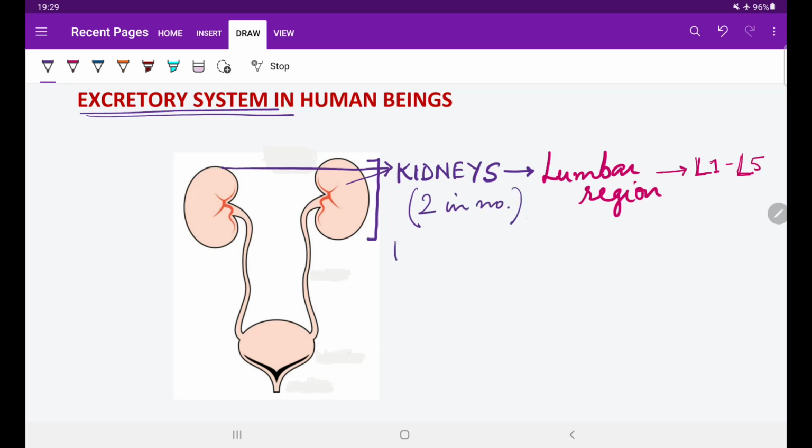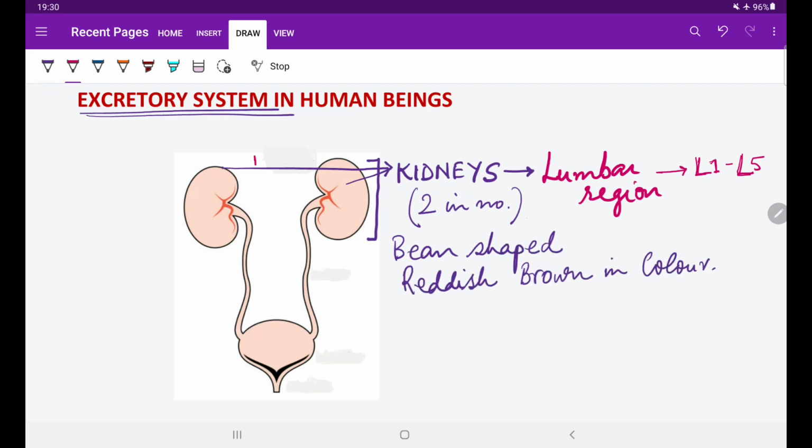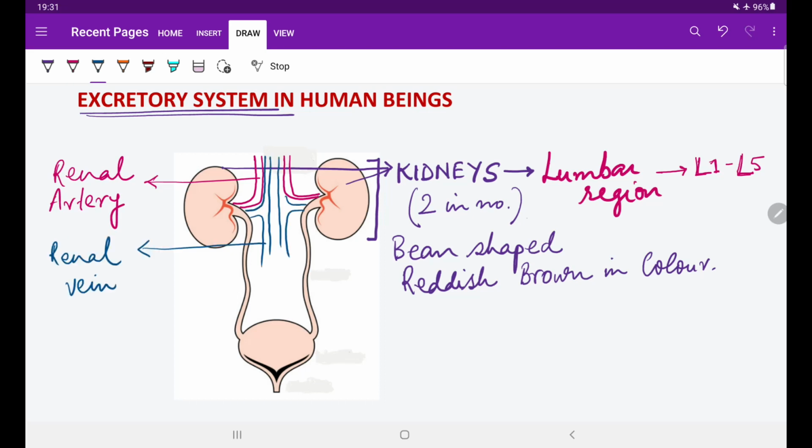Human kidneys are bean shaped and reddish brown in color. The blood vessels which supply blood to the kidneys are called renal arteries, and the blood vessel which takes blood away from the kidneys is called the renal vein. Kidneys are the site where urine is formed.